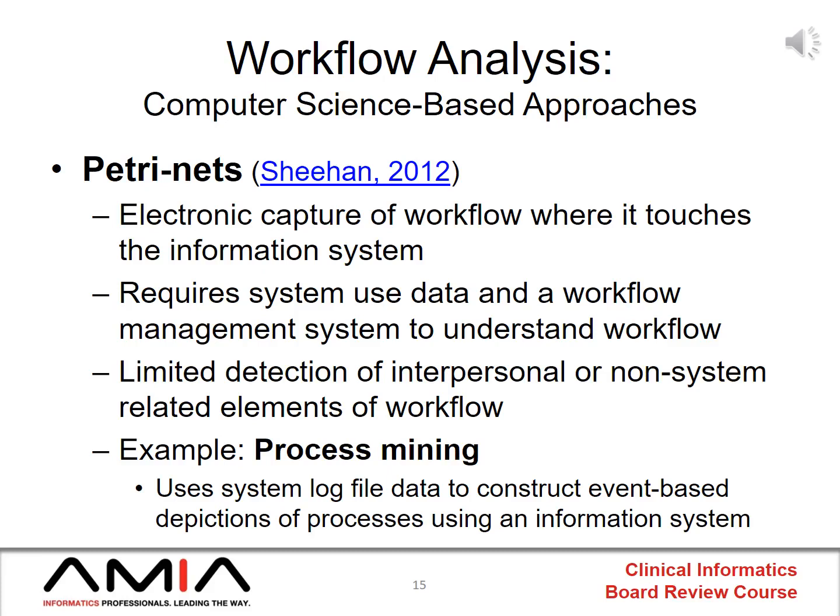Because this type of workflow analysis is entirely limited to the interactions of a person with a computer system, there is very limited detection or no detection of interpersonal or non-system related elements of the workflow. Process mining is a type of Petri net that uses system log file data to construct events that have happened in sequence to depict what has happened in an information system.